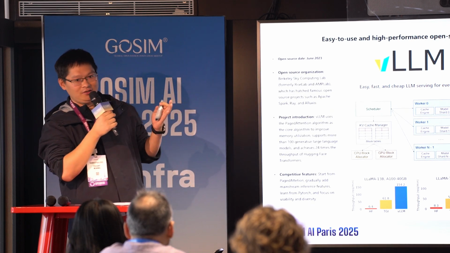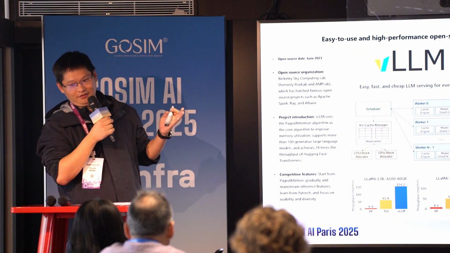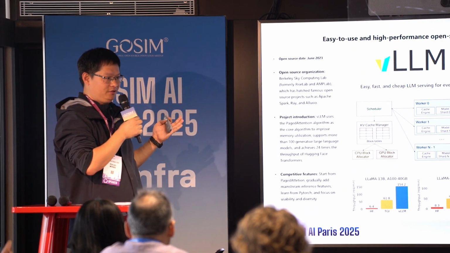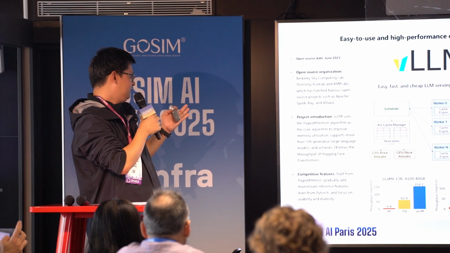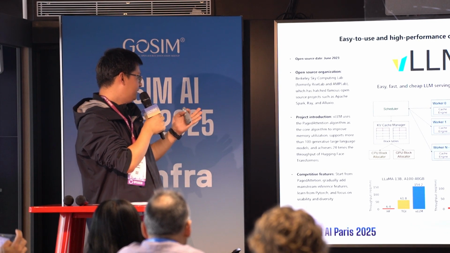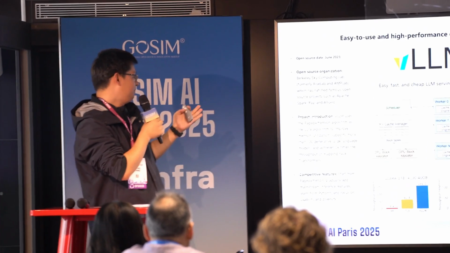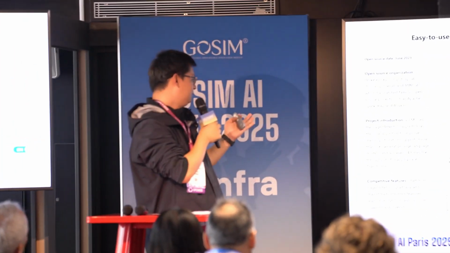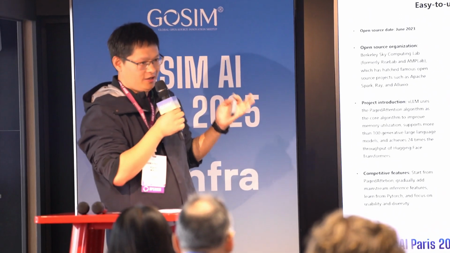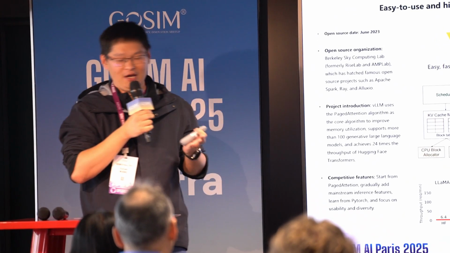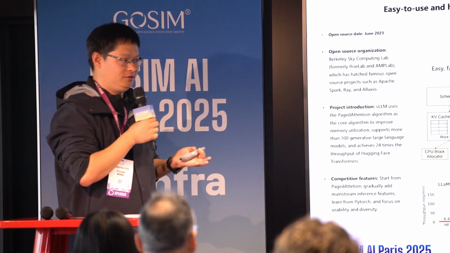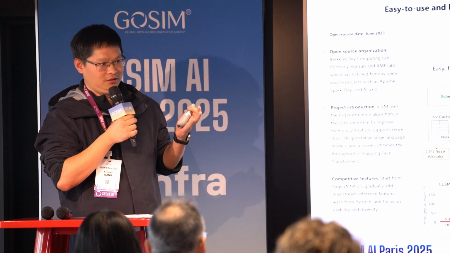In 2023, this library became famous for its page attention algorithm, because page attention can help users save memory usage and speed up the inference.